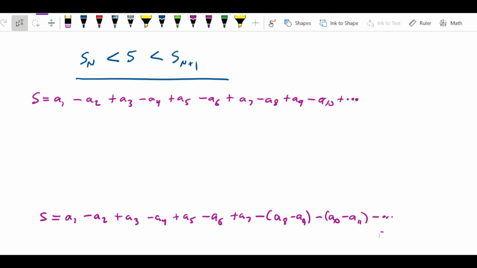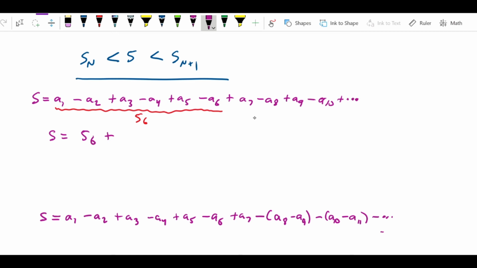If I write out the sum like this, S is equal to a1 minus a2 plus a3 minus a4, etc. Let me just do this in the specific case of S6 and S7. Let me take this part here and just replace it with S6. Then you'll see that I can write S is equal to S6 plus the rest of the terms.